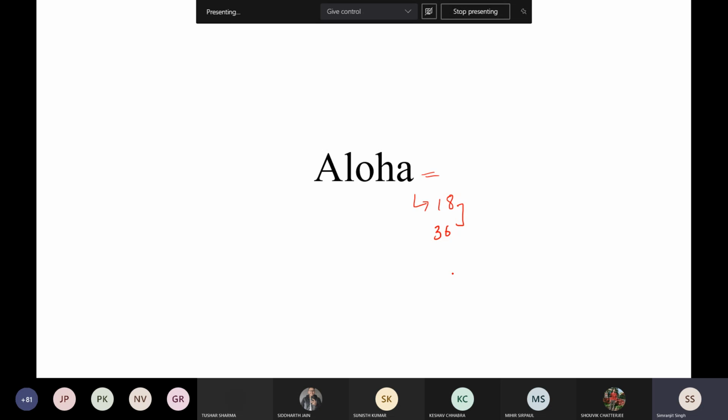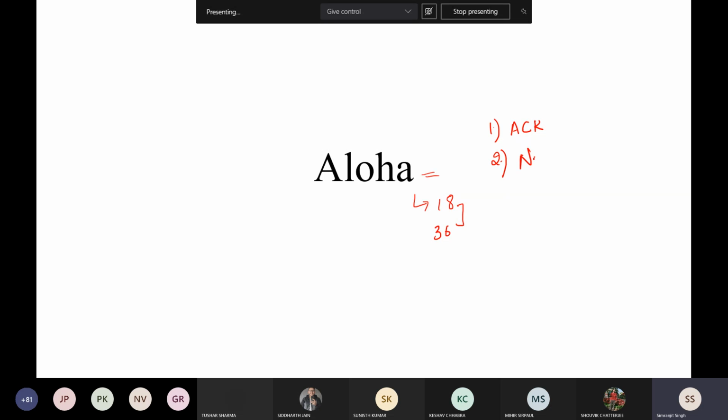The only advantage in Aloha is that this particular technique has something called acknowledgement. If acknowledgement is available, then you do not have to do collision detection or carrier sensing.